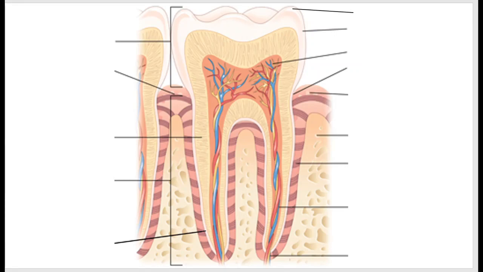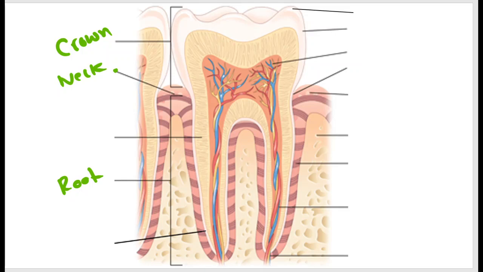You have the crown of the tooth, and you have the root of the tooth. So these are the two main parts of the tooth, and this other small part here is sometimes called the neck of the tooth.